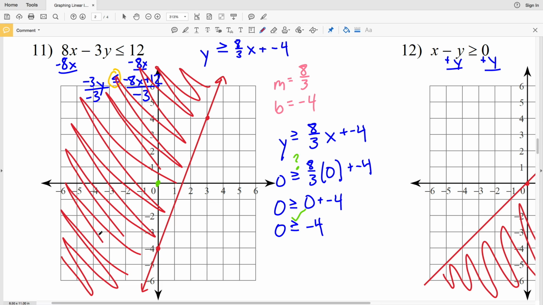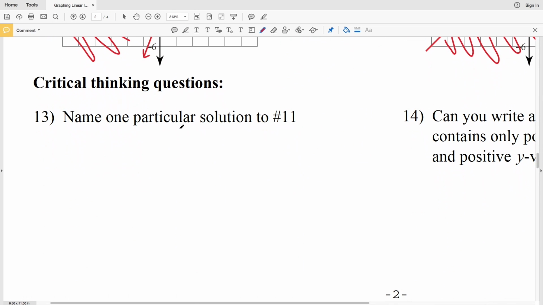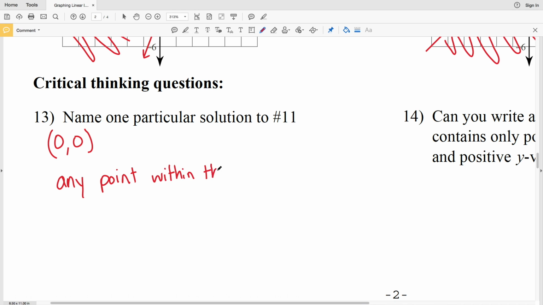So essentially, we can pick any point within the shaded region or on the line, since our line is also shaded. So we chose point 0, 0, but you could choose any point within the shaded region, including the boundary, which was the line we graphed.